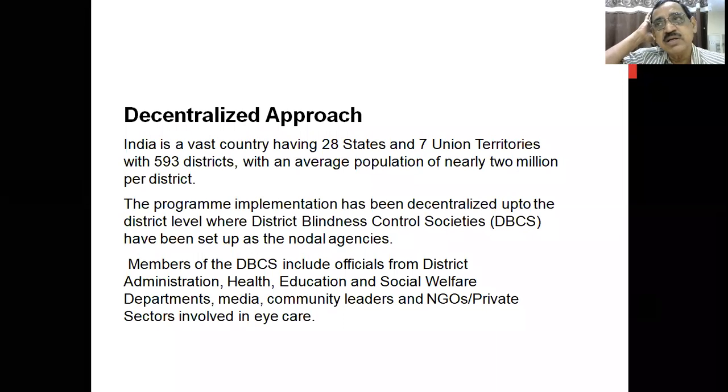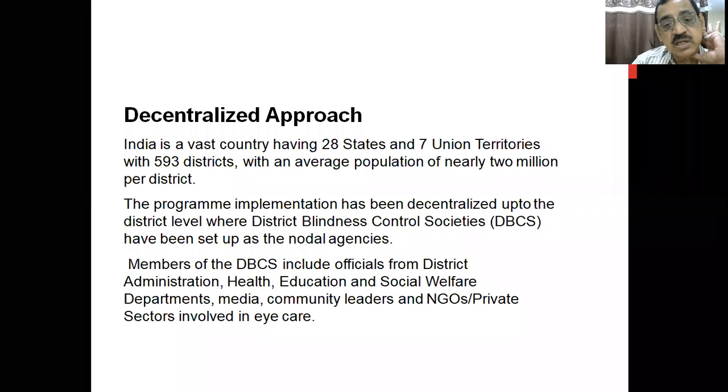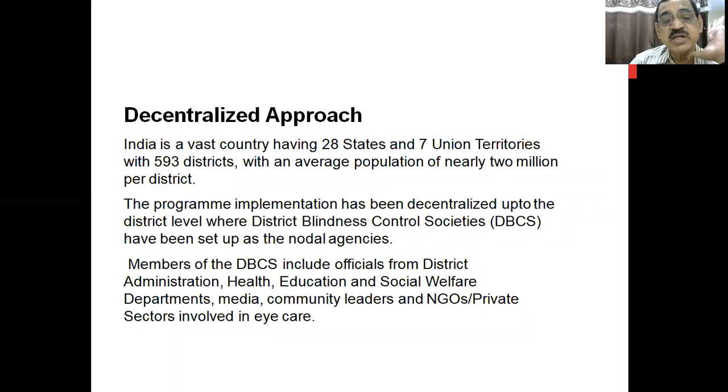India is a very vast country with a very big population. It has nearly 29 states, 7 union territories and 593 districts, maybe increased now, with an average population of nearly 2 million per district.